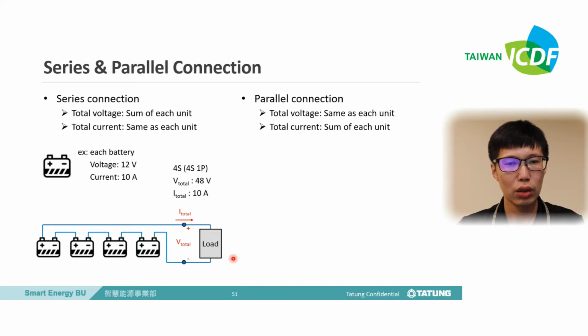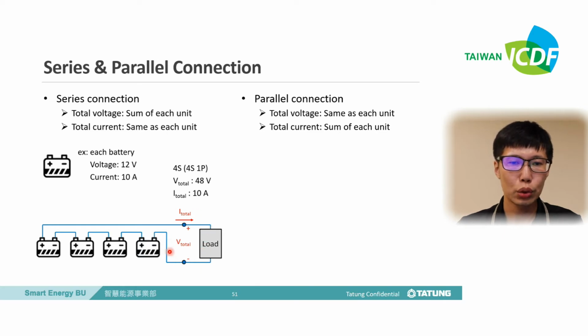In this case, we connect 4 batteries in series, which means the negative is connected to the positive of the next battery, or in other words, the positive is connected to the negative of the previous battery, and the positive of the first battery and the negative of the last battery are the total output.